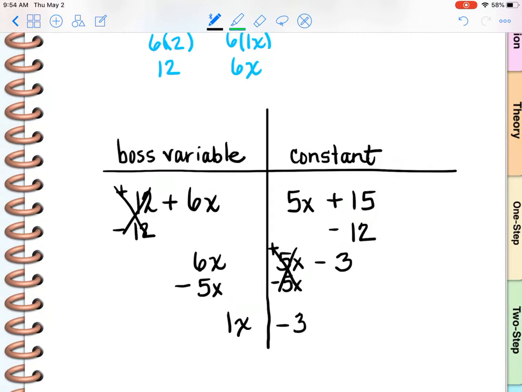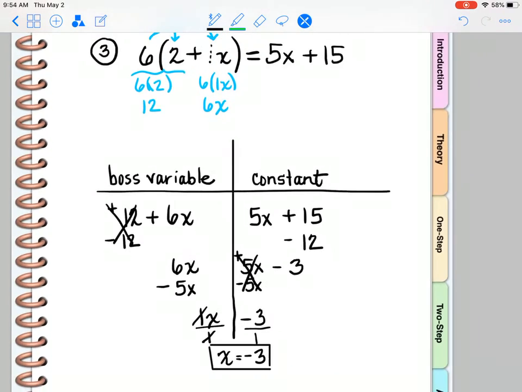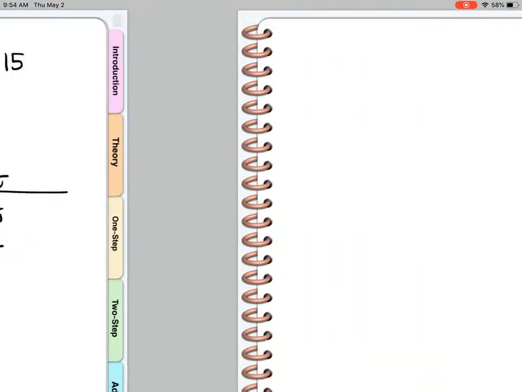Now you can let that 1 float away, just like he floats in there. And then this one equals negative 3. Moving on.